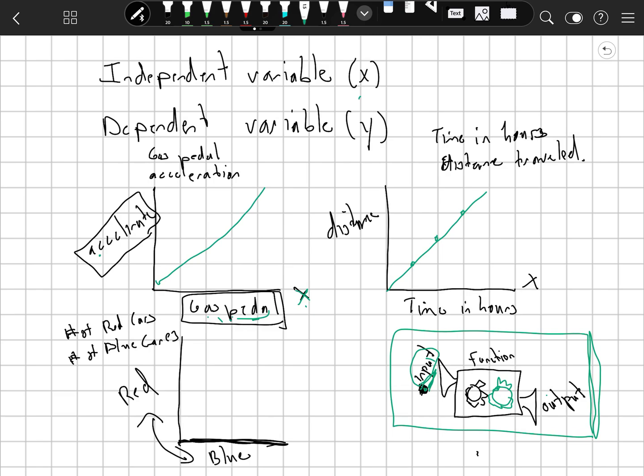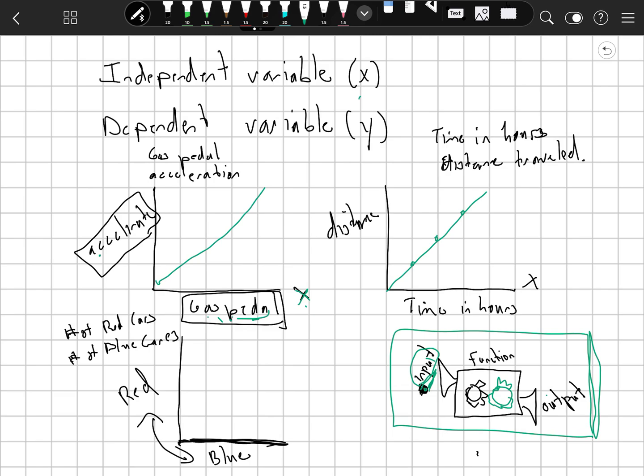Now sometimes it's difficult to tell which variable is the dependent and which variable is independent. What if you were a car salesman and you had a car lot full of cars, and you could choose to fill the car lot with red cars or with blue cars. It doesn't really matter. If you filled half of them with blue, the other half would be red.